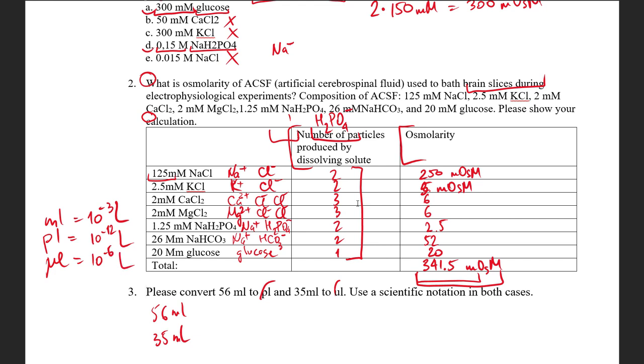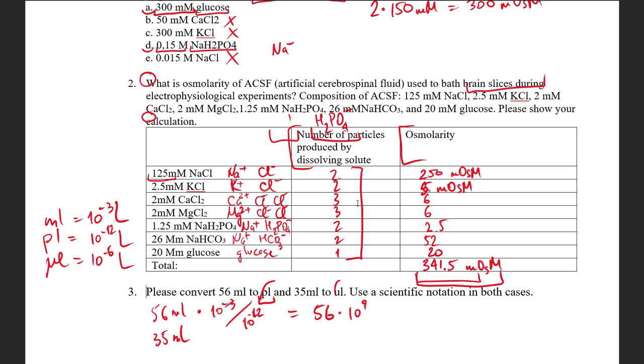And of course, for this conversion, you have times 10 to the power of minus 3, and then divide it by the picoliters, which is 10 to the power of minus 12, and the answer would be 56 times 10 to the power of 9.